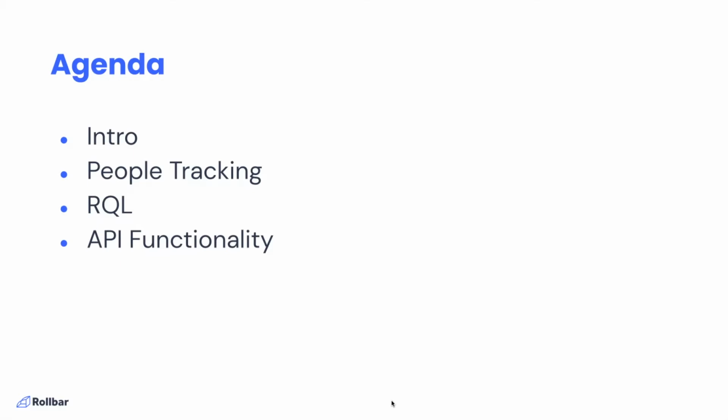And with people tracking, that data is also saved in the RQL tables. RQL is what we call the Rollbar Query Language. This is the first time that we will have covered that in a Rollbar Academy session, and our attendance is higher today. It makes me wonder if that's got anything to do with it. And then we'll finish up with a little bit on the API, where we have current functionality, some of the automation that we've started to formulate, some of the things that we've tinkered with as a customer engineering group.